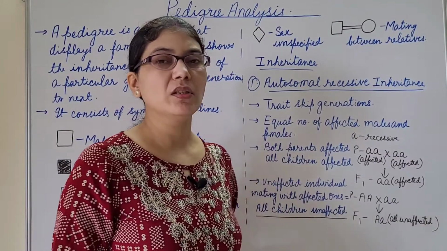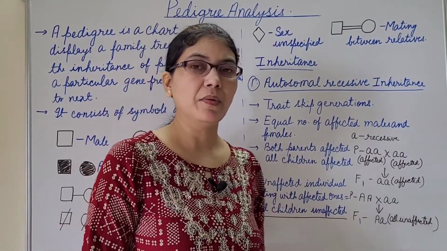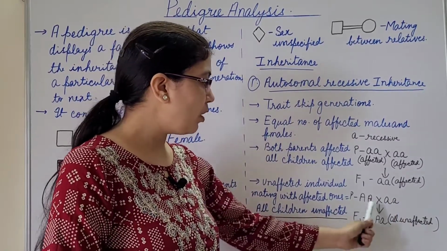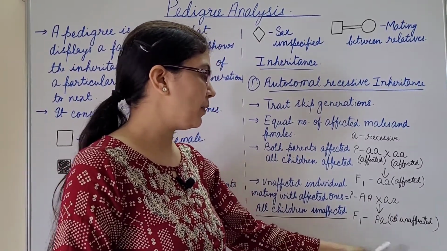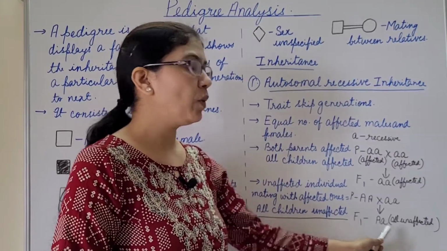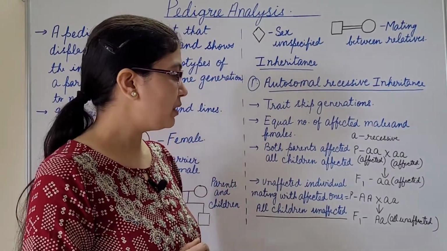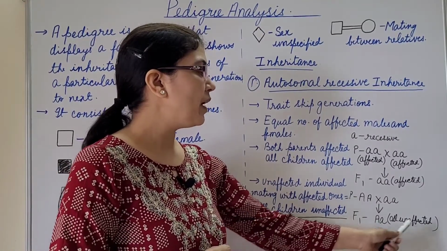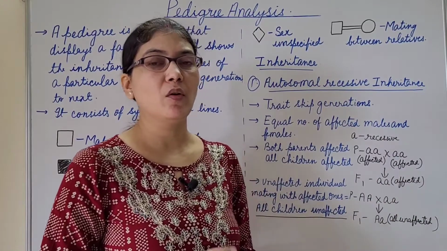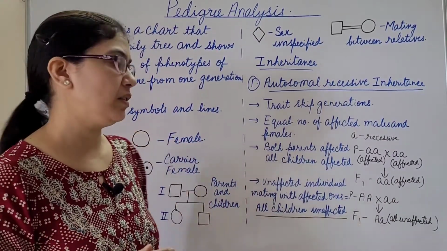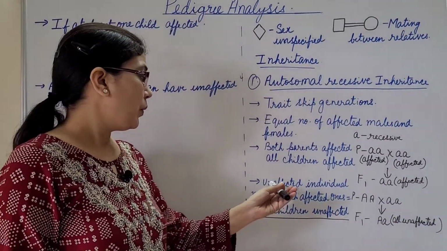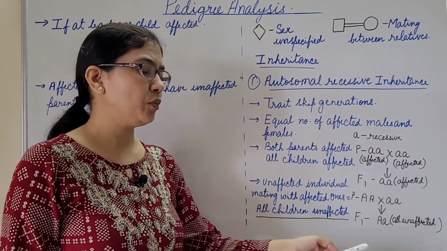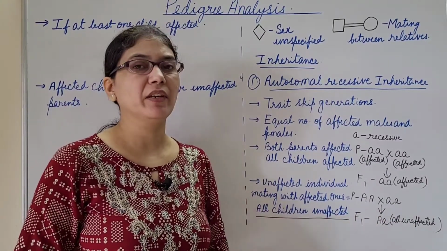Because the disease is caused by this recessive allele, it is only expressed in the homozygous recessive state. Here all the offspring are in the heterozygous state. One dominant allele and one recessive allele is present. Expression of the recessive allele is masked by the dominant allele, and so all the offspring are unaffected. So when unaffected individuals mate with affected ones, we get all the offspring unaffected.